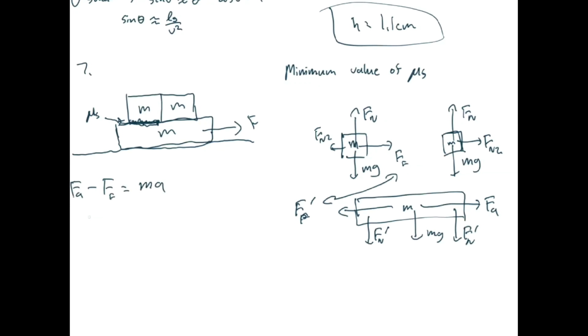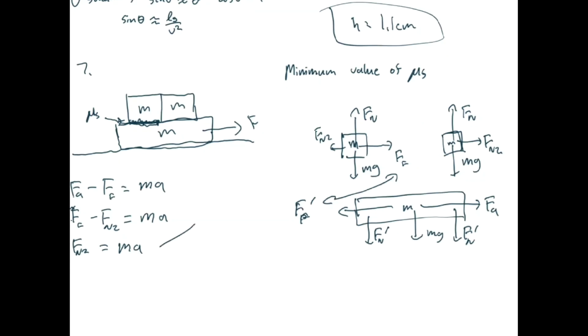And if we do it on the left box, we get that the friction force minus the normal force from the right block is equal to ma. And if we do it on the rightmost box, we'll just have the normal force, that's the only thing accelerating it, should be equal to ma.